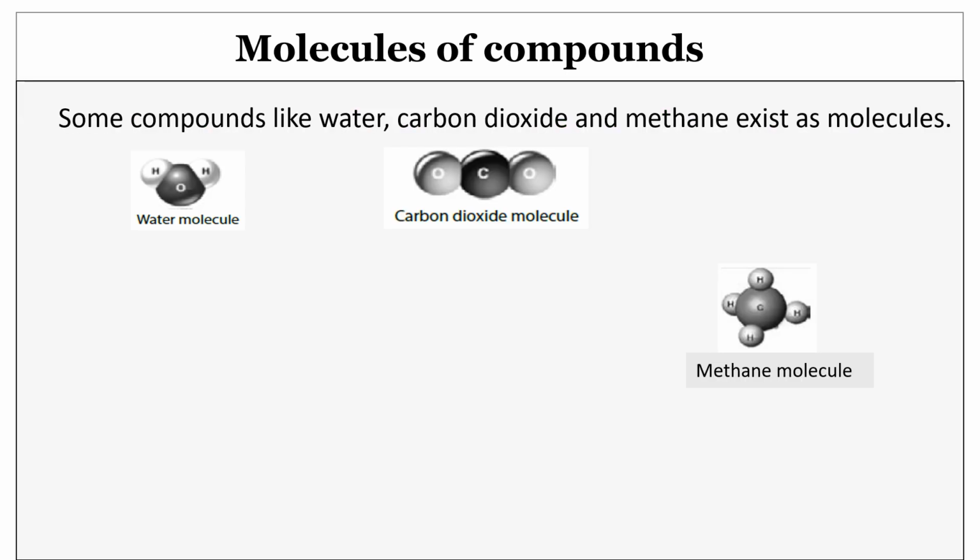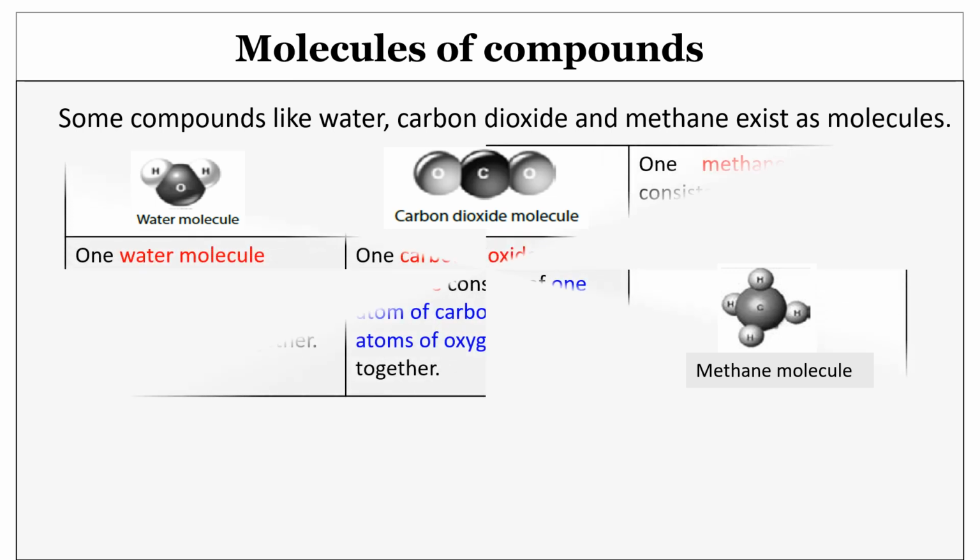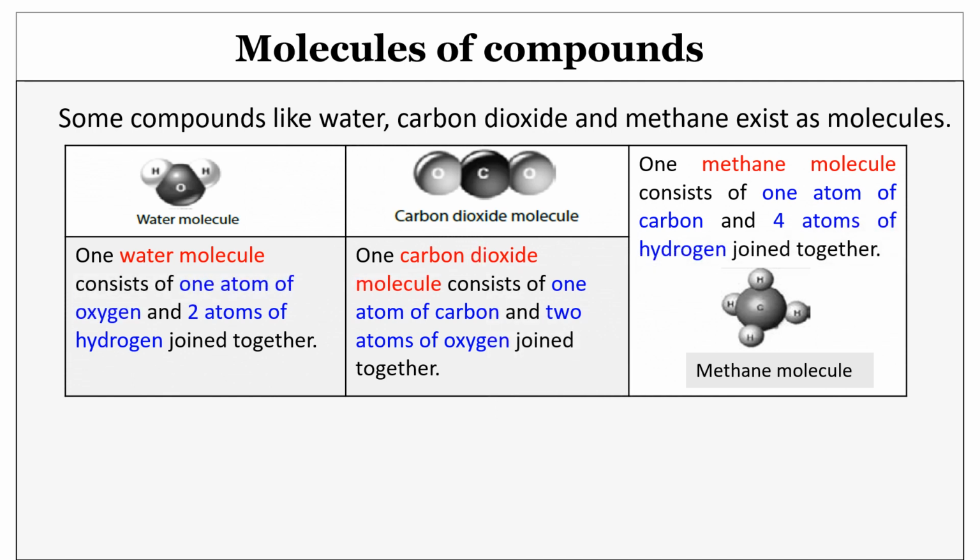Some compounds like water, carbon dioxide, and methane exist as molecules. As you can observe, one water molecule consists of one atom of oxygen and two atoms of hydrogen joined together.